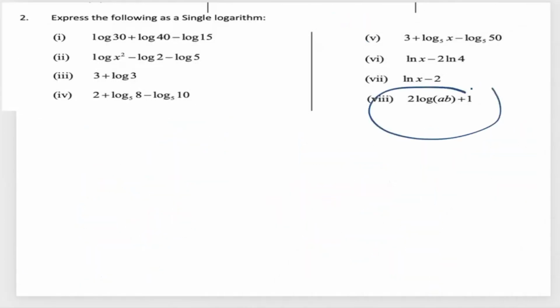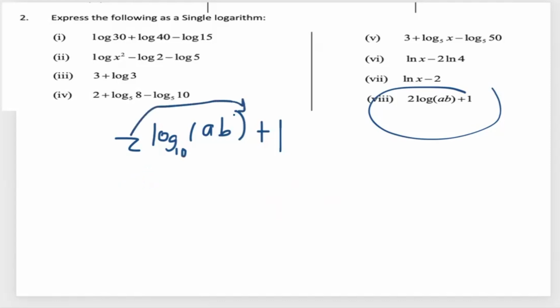The final one, we have 2 log AB plus 1. So this is base 10. So we're going to change the 1 in terms of base 10. Let me just go ahead and carry this upwards. So this is log AB all squared.